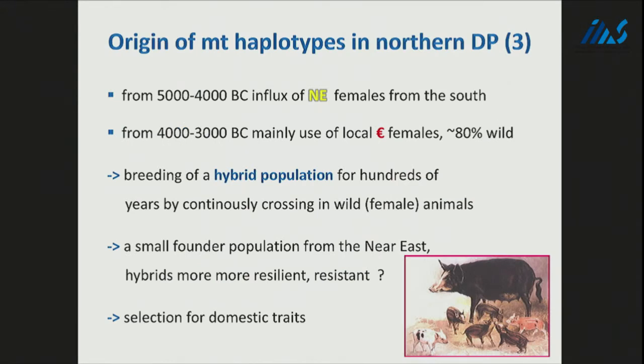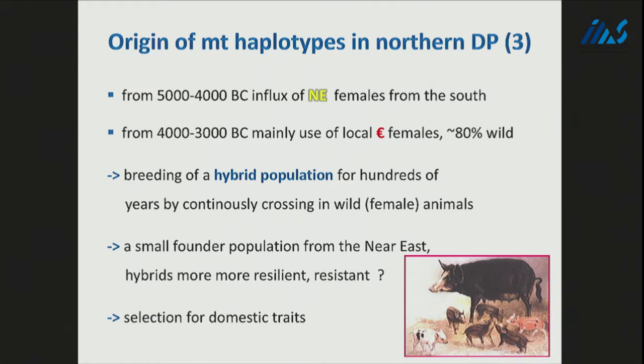So what we can summarize from our study is that, consistent with Gregor's model, there was an influx of Near Eastern female animals from the south at the very beginning of the Neolithic. But later on, local female European-type animals were bred in, and to our surprise, it was a large extent of wild animals.